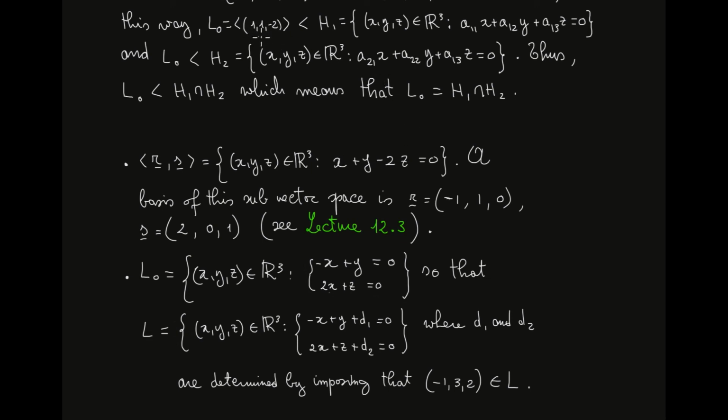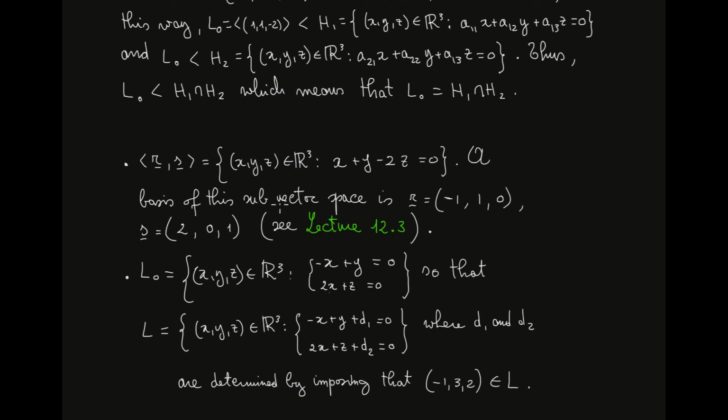The assumption was that both R and S were perpendicular to (1, 1, -2). So if I take the plane described as all the vectors that are perpendicular to (1, 1, -2), inside there I will find R and S. Now, I simply need to take a basis of this plane, and then I will name one of these basis vectors R and the other S.